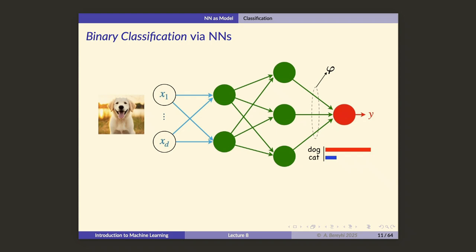Okay. The output of that one, we talked about it before. The best way of dealing with it is to make the output look like a probability, and then we interpret it as the chance of that image belonging to one class.